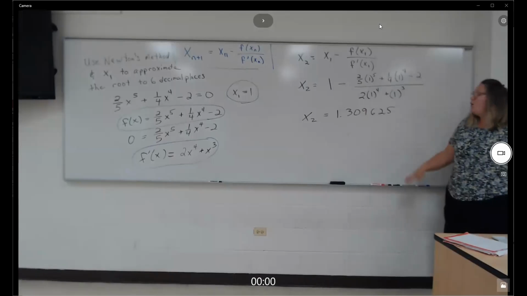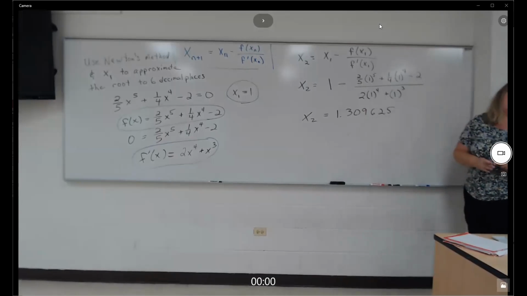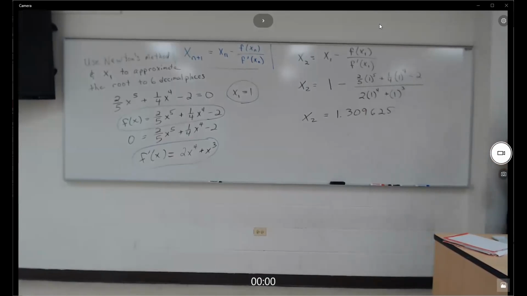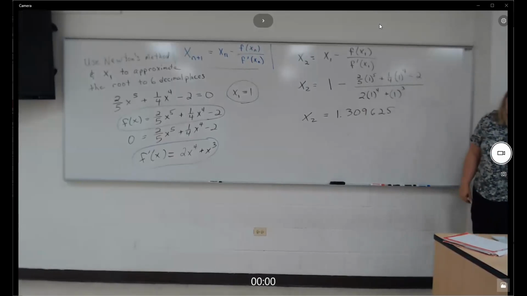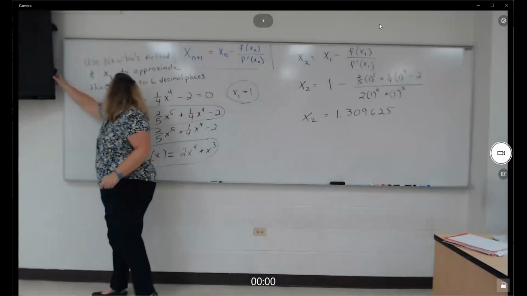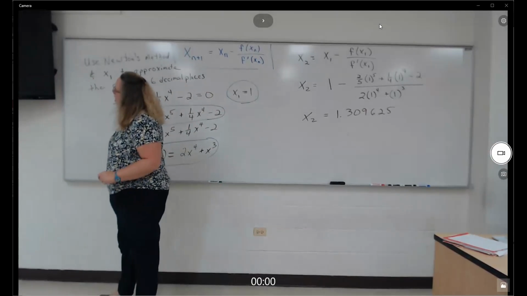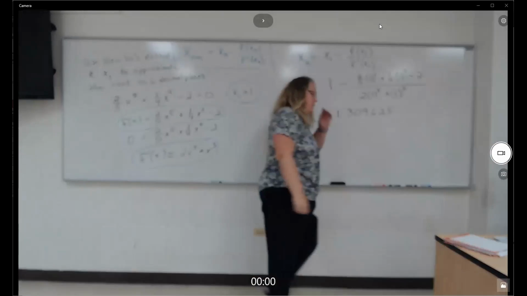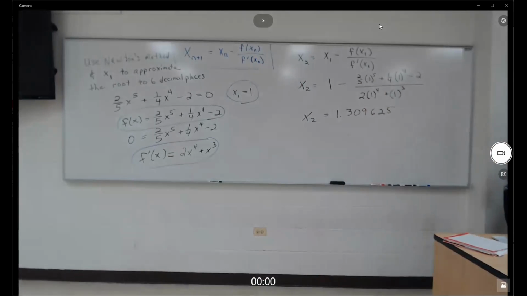And I got to go until 6 decimal places are the same. So that's when we would use our calculator. So let's take a look. At least walk through it if you don't have a calculator.